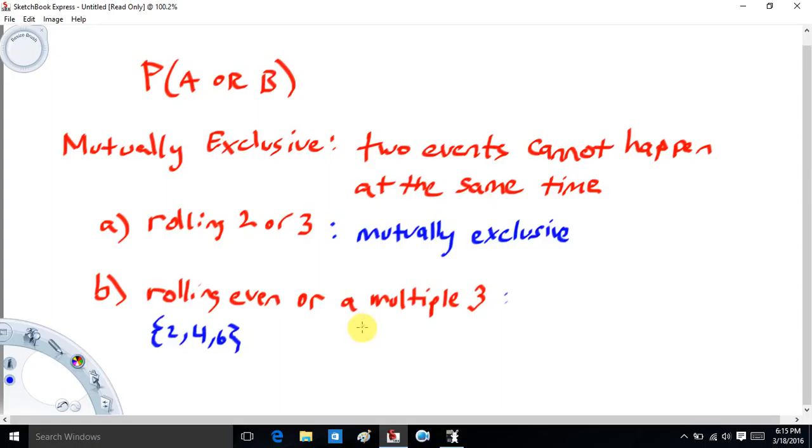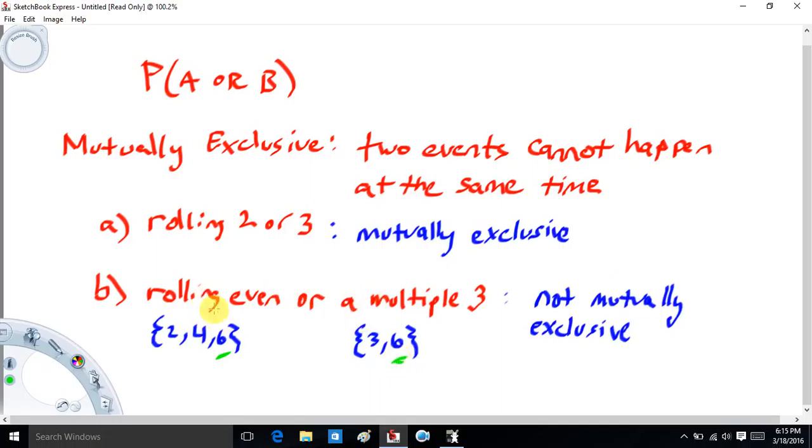And a multiple of 3 will be 3 or 6. So since you can roll an even and a multiple of 3, these are not mutually exclusive. If you look at the outcome of getting a 6, it satisfies both of these. It's an even number and a multiple of 3, so it's not mutually exclusive.